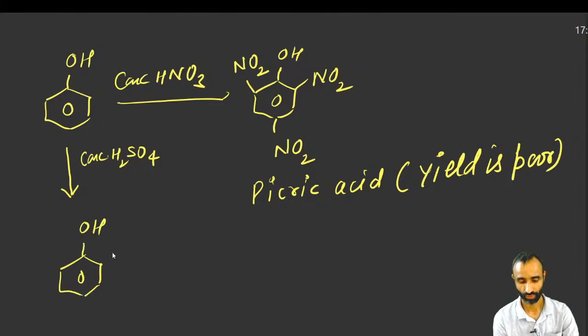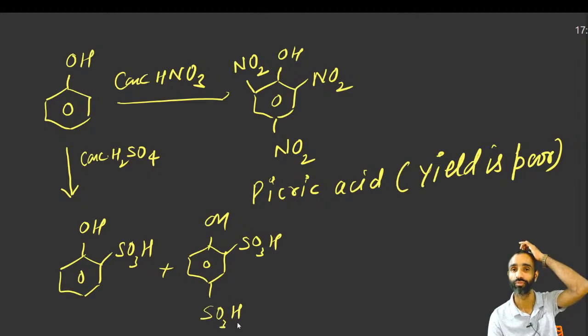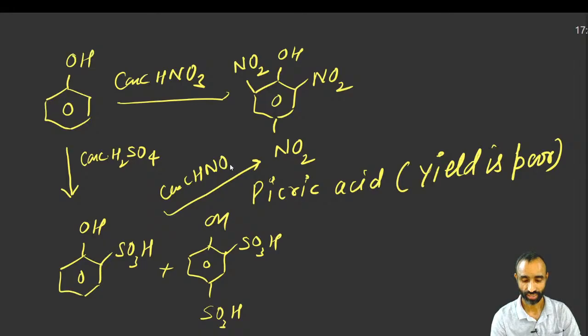So we get phenol with SO3H at one place, or maybe at 2,4. We get these products, and then we treat it with concentrated nitric acid, so then the yield is improved.